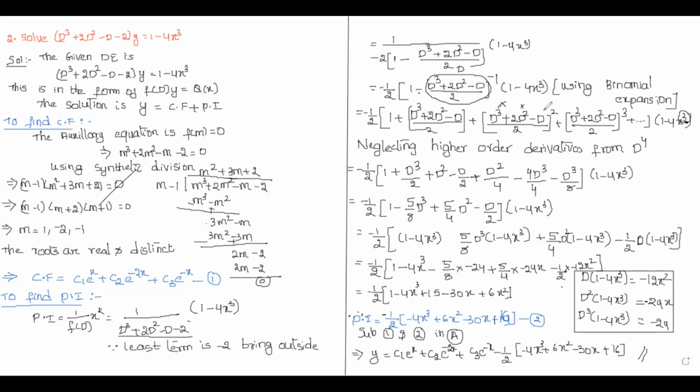Now d square should be included, which is nothing but d square by 2 whole square, which is 4. By the a plus b plus c whole square formula, you can also take 2bc, which is minus 2 into 2, 4. D square into d becomes d cube by 4.